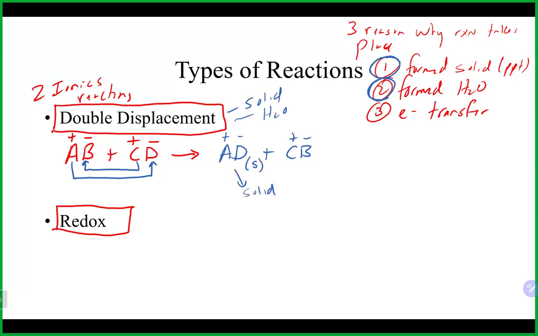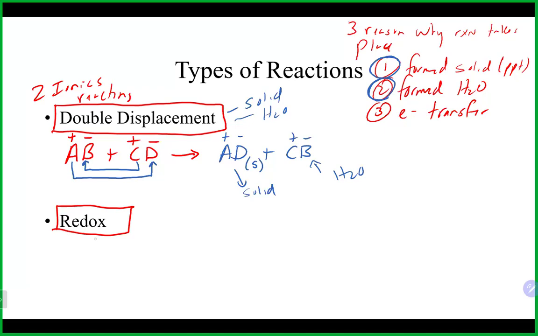And again, that accounts for one of the three reasons why it takes place. In other cases, you may not make a solid, but one of these guys may make water as a result of it. So double displacement accounts for two of the three reasons, and ultimately either a precipitate or water is being made.